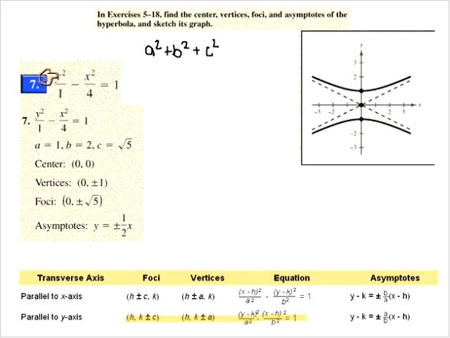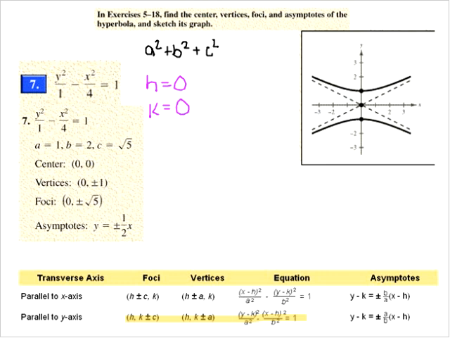I can tell that the center is at my origin because there's no y minus a number or y plus a number in parentheses in my numerators there. So the center is at the origin, 0, 0. That means that h equals 0 and k equals 0.